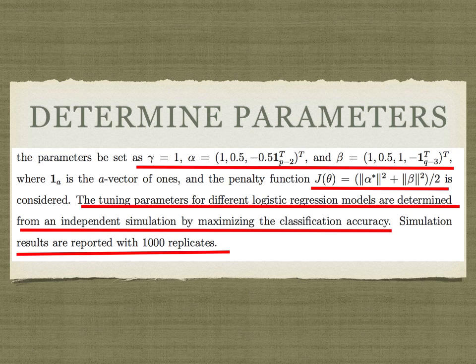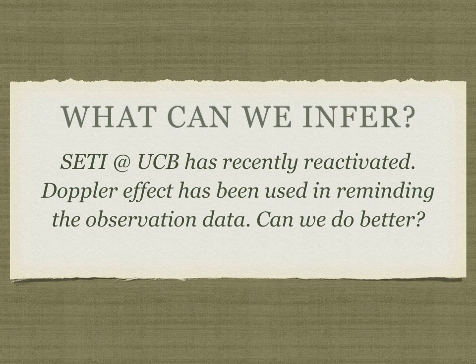And what can we infer from this? We know that UC Berkeley has a project called SETI, searching for ET, extraterrestrial intelligence, and they have actually operated telescopes and receivers.